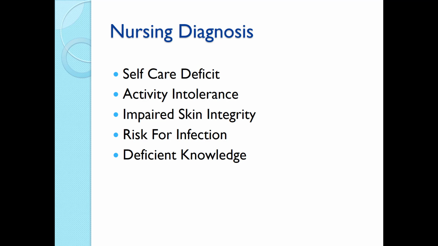Maybe a patient has what we call a self-care deficit. They're physically unable to perform their own hygiene care, maybe due to their underlying health condition. Maybe they're a confused patient and they don't have the cognitive ability to do it, whatever the reason is. That is a very appropriate nursing diagnosis for that type of patient.